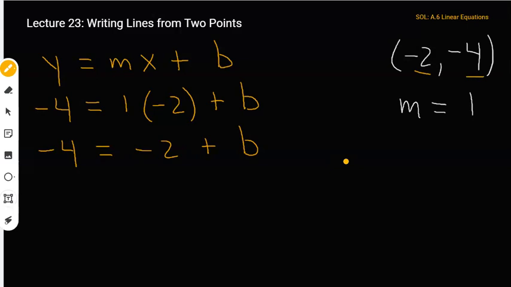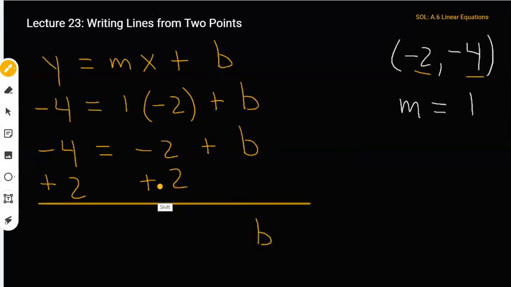Okay, so I want to get b by itself on the right-hand side. So I need to get rid of the -2 by adding 2 to both sides. That's going to cancel out the -2 on the right side. So now these are gone.